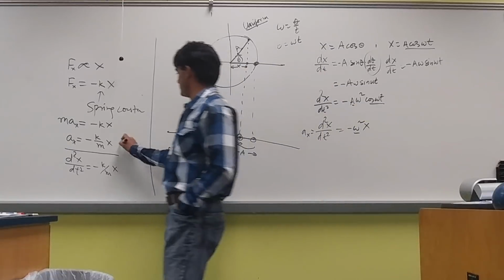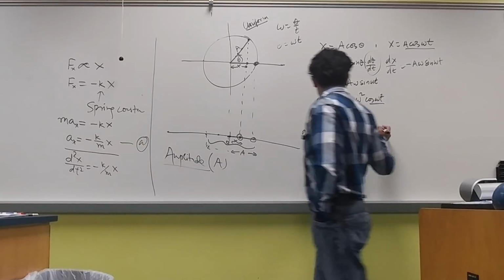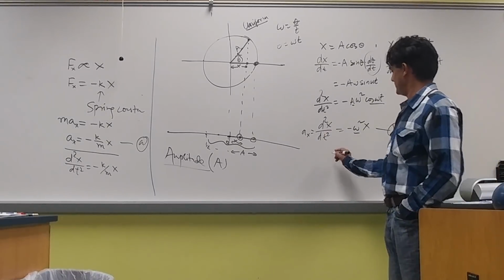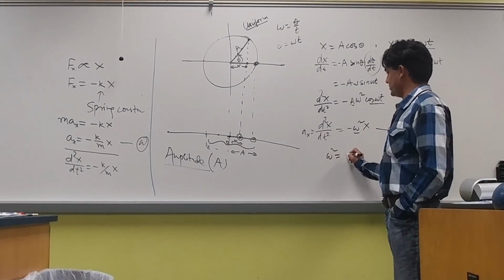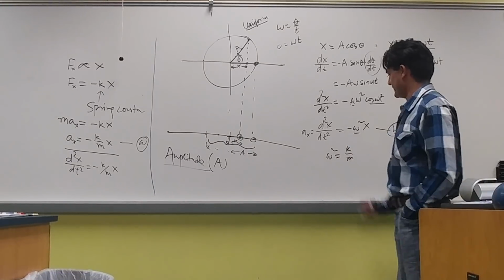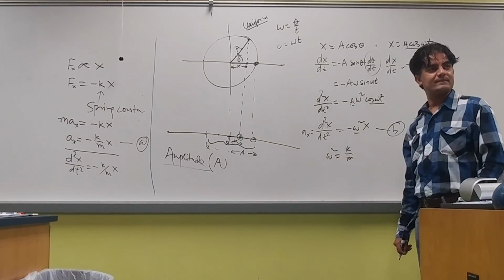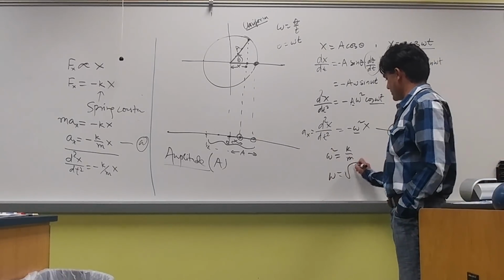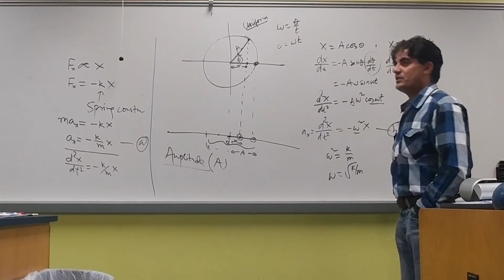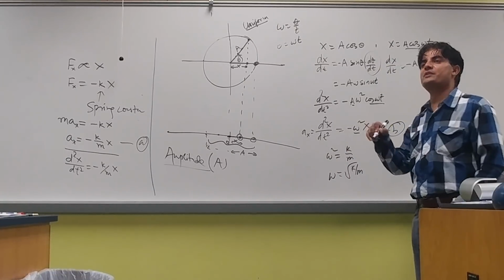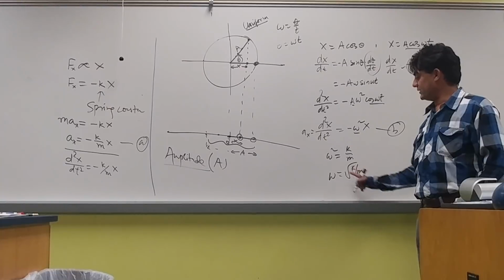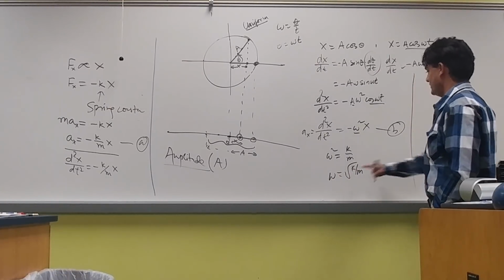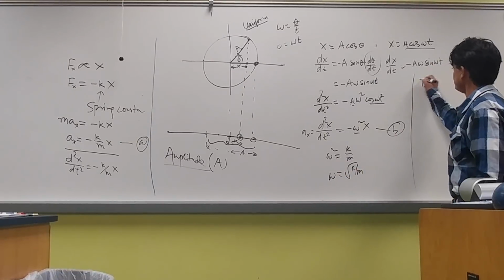From this equation, a, and this equation, let's say b, what you get here is omega square equals k over m. So omega equals square root of k over m. If you know the mass and the spring constant, then you can find omega. Not only omega, you can also find the time period. What is time period? T.